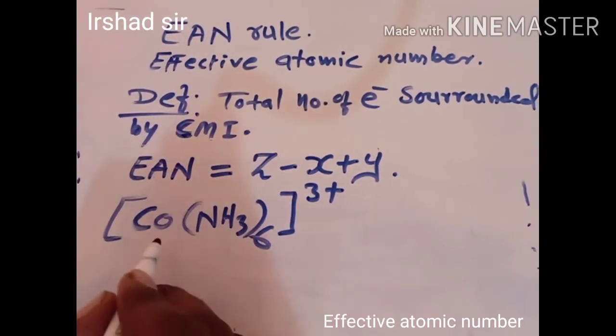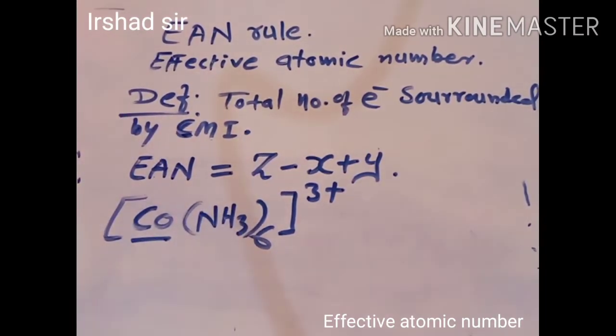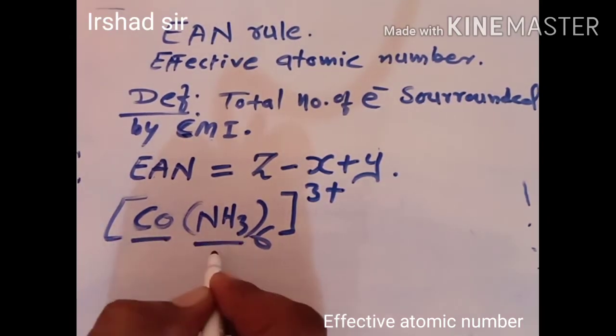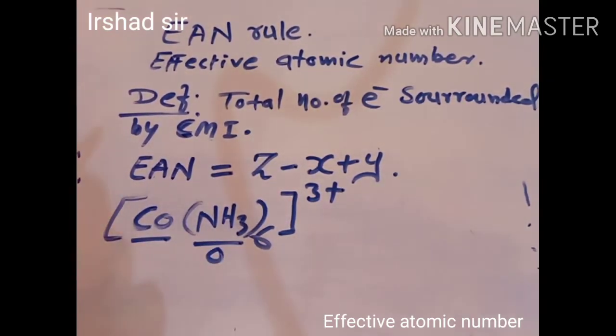Here the central metal ion is cobalt and NH3 is a neutral ligand which carries zero charge. The net charge here is plus 3. That's why we can say that the oxidation state of Co is plus 3, because the ligands present are neutral.